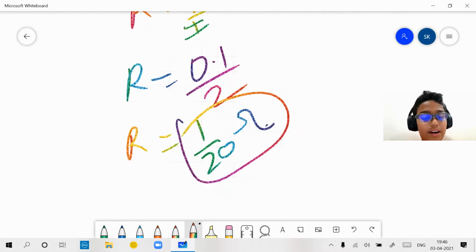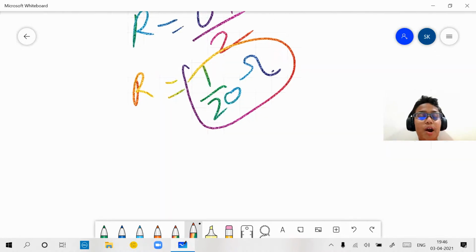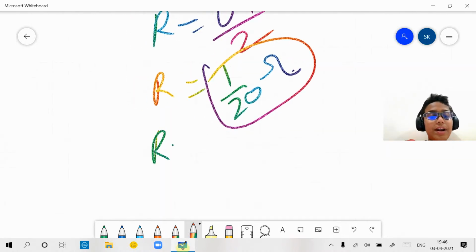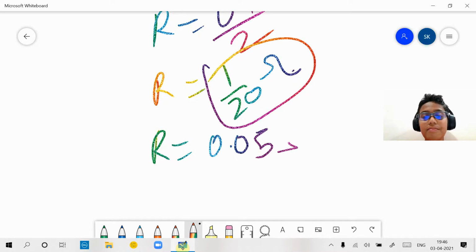We can write it directly as 1 by 20 ohms, or in decimal form, we can write 0.05 ohms. If you divide 1 by 20, this will be the answer.